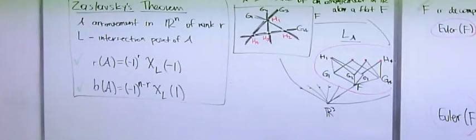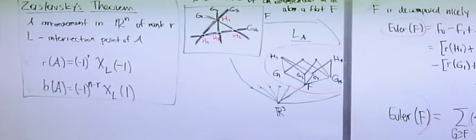So all I have to do is plug in F equals the bottom element of the poset, which is R to the, what did I say I'm living in? R to the n. So what do I get? I get minus 1 to the dimension of F, which is n, times the number of regions of the arrangement, equal to the summation for G bigger than F. But F is the bottom element, so everything is bigger than it.